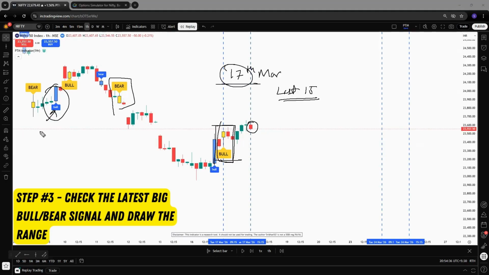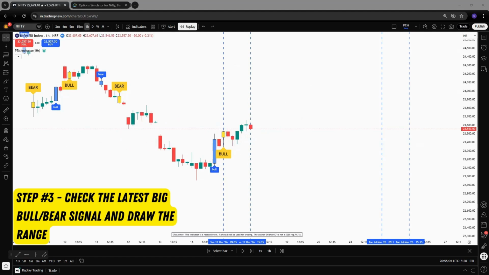I'll tell you what it is, but we are not using blue color signals. Our main focus has to be on the yellow color signal. At 3:15, last 15 minutes, I have to check what is the latest yellow color signal, is it the big bull or big bear signal? Which one is it? Here in this example, it is a big bull signal.